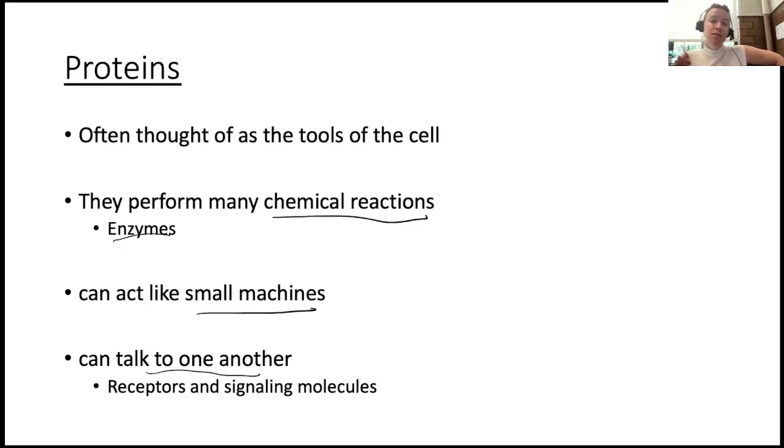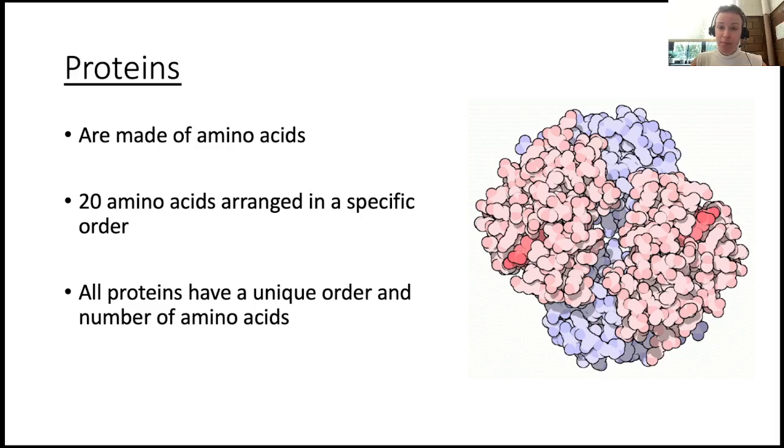Now, proteins are very different than both DNA and RNA. The structure of DNA and RNA is very similar. Proteins are different. Proteins are made up of very small chemicals called amino acids.